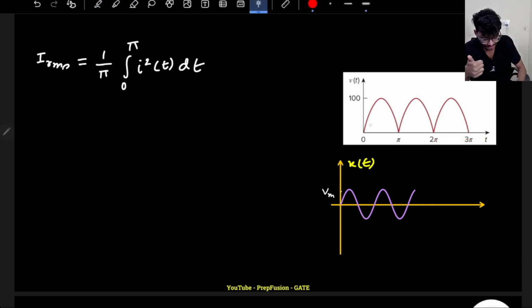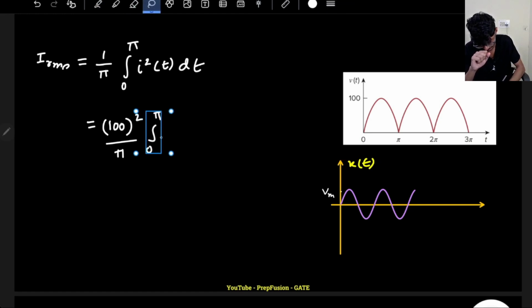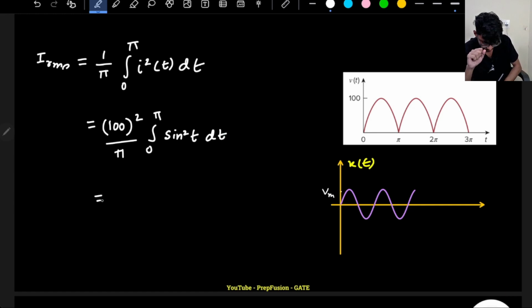What is I? I is 100 sine t, from 0 to pi. So basically what I get is 100 square by pi, integral 0 to pi, sine square t dt. So what is the integration? Very simple.